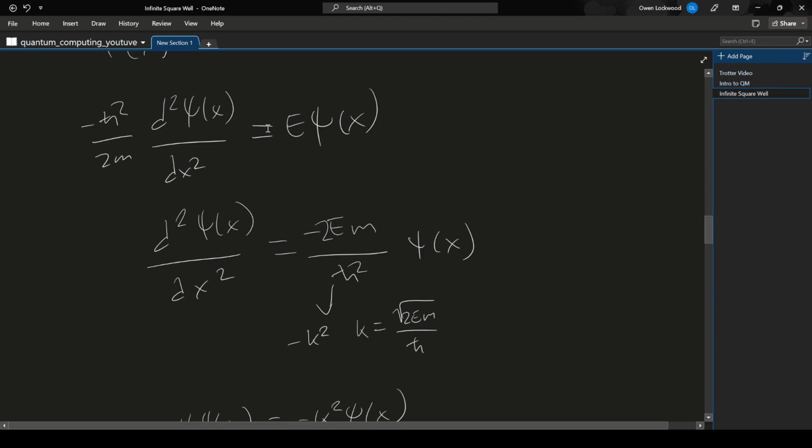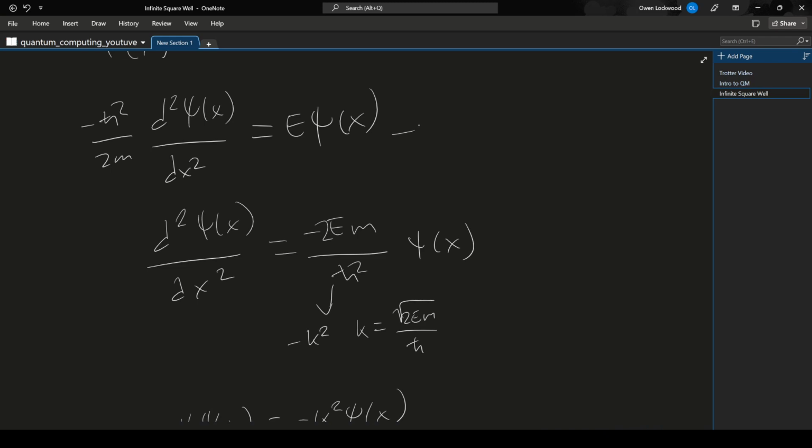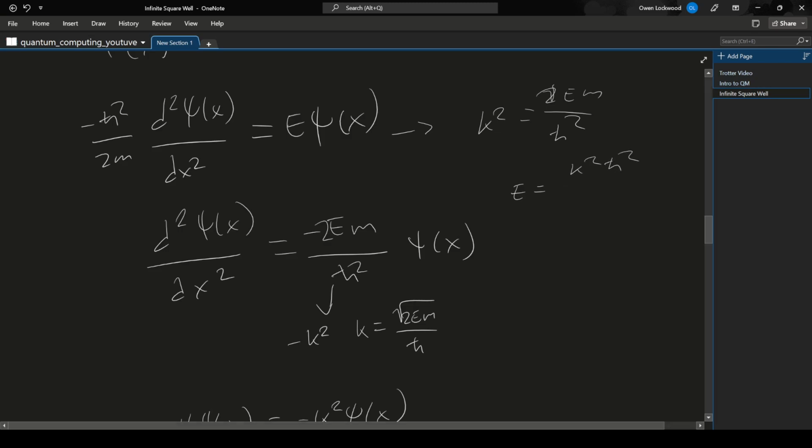So what we can see from this is that, I would just mark it right here. We can see that when we wrote k squared, we have k squared is equal to 2Em over h bar squared, which means if we solve for E, we have k squared h bar squared over 2m.